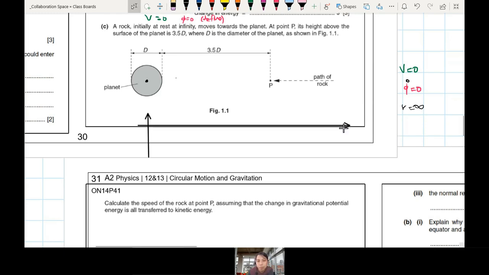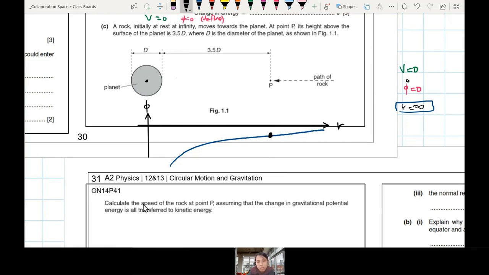I don't want to draw so far. Here. And you have your reciprocal graph that approaches 0 as you go to r equals infinity. So that's a phi against r graph. But somehow from infinity you end up here, point P.